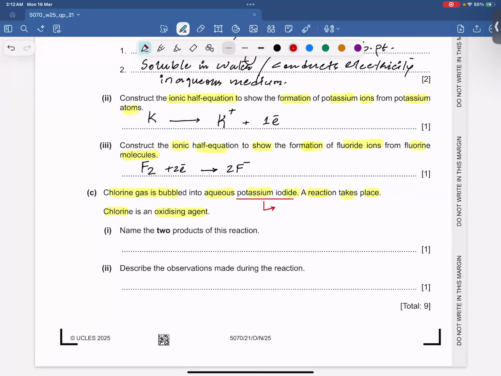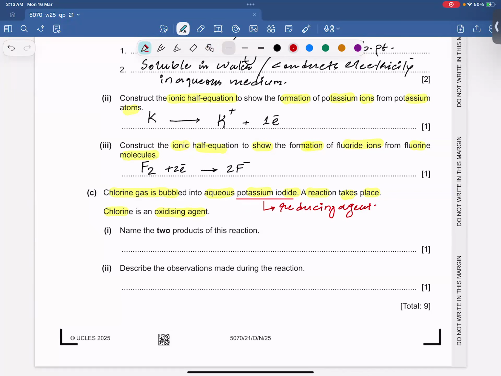In fact, the iodide ion in potassium iodide is a reducing agent. To be very precise, the iodide ion in potassium iodide is a reducing agent.